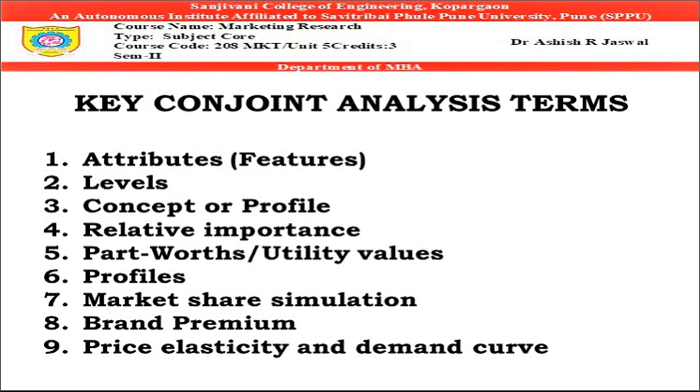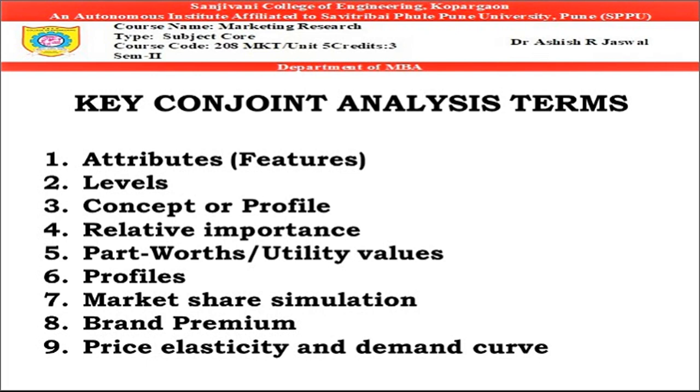The fourth definition we have is relative importance. Relative importance is also called attribute importance. This depicts which of the various attributes of a product or service are more or less important while making a purchase decision.